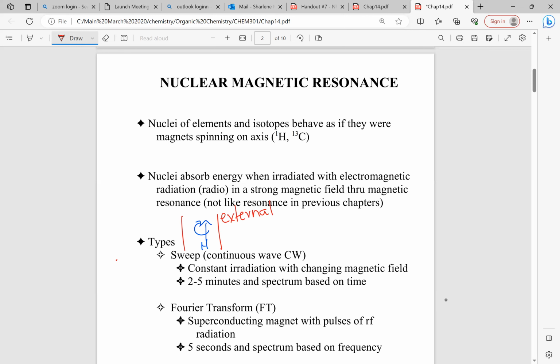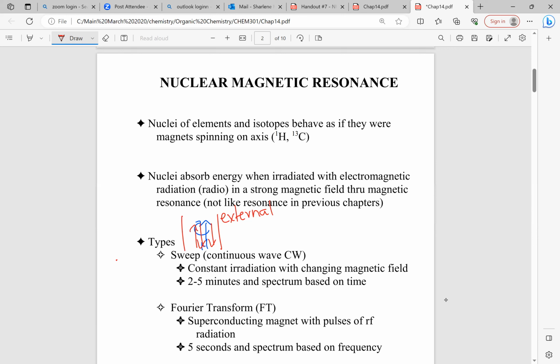They can either oppose each other or align with each other, but they're actually going to make something we call resonance. This is not resonance like when you do Lewis structures. This is resonating, flipping, where it can go back and forth between up and down for the magnetic fields. It flips the magnetic fields.